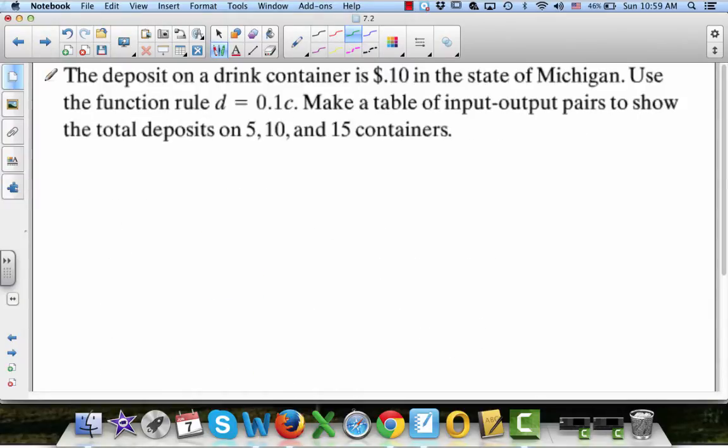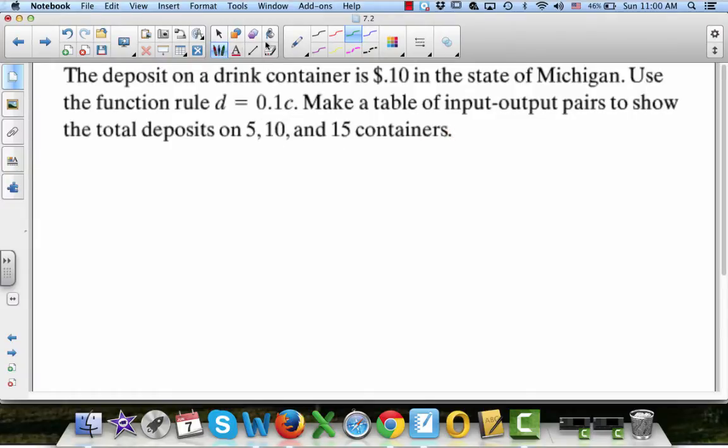Alright, the deposit on a drink container is 10 cents in the state of Michigan. Use the function rule D equals 0.1 C. 0.1 is the same as 0.10. It's just you don't need the 0 in the function rule. Make a table of input-output pairs to show the total deposits on 5, 10, and 15 containers.